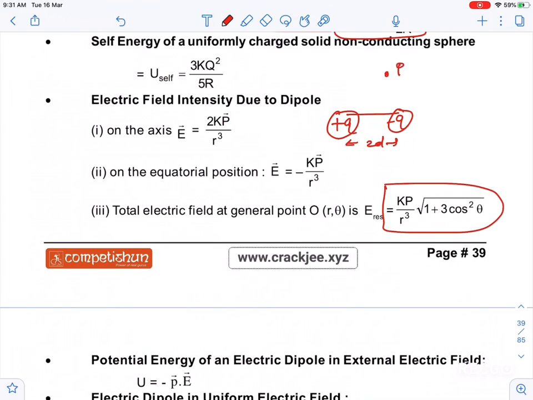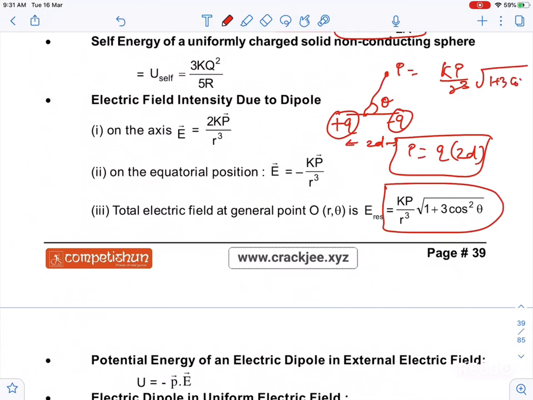Suppose distance I have taken between them is 2d. So if any point p is kept here, electric field at any point you can calculate. This point p is kp by r cube. P is dipole moment, guys, q into 2d. So kp upon r cube under root 1 plus 3 cos square theta.